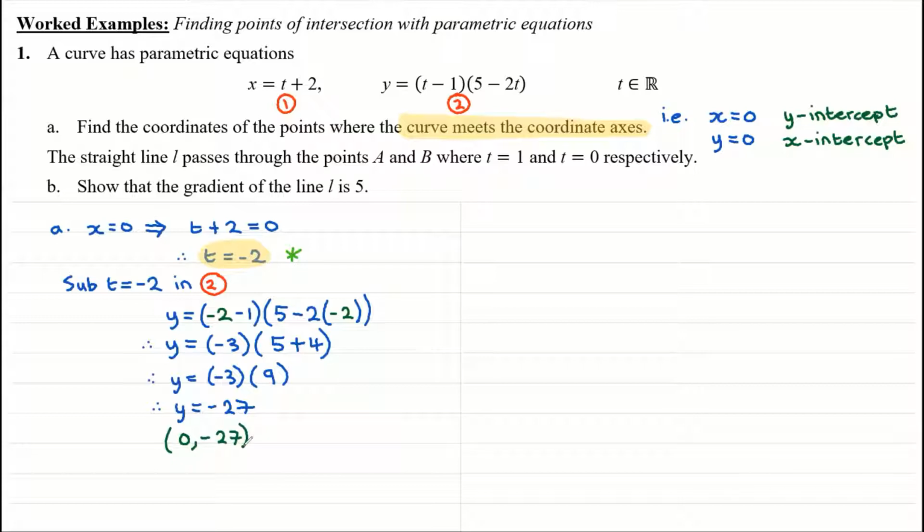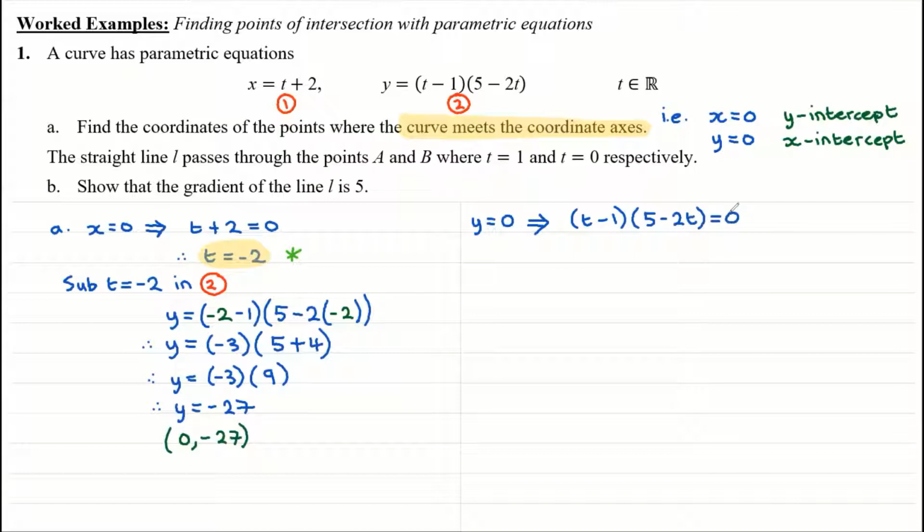You can check this if you plot these parametric equations on some graphing software. You'll be able to see that. Now for the rest of part A, we've also got to find out the x-intercept. So we're going to set y equal to 0 now. So y is equal to 0. What does this give us? Well, it gives us a nice factorized quadratic, first of all, equals 0.